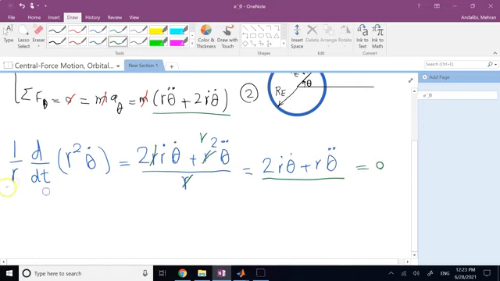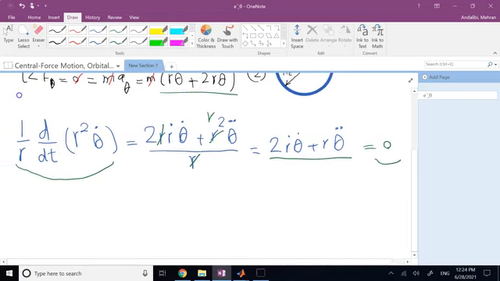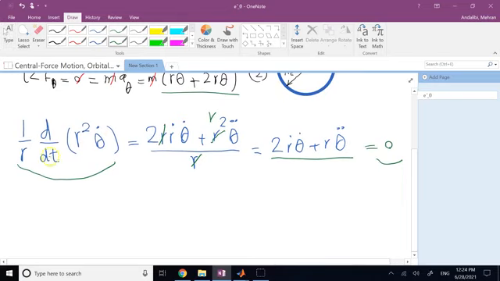So now I can say this 1 over r time derivative is equal to what? 0. Good. So I converted my addition to a product. And it's always easier when it's a product, because when the product of two things is 0, it means either the first one is 0 or the second one is 0 or both.